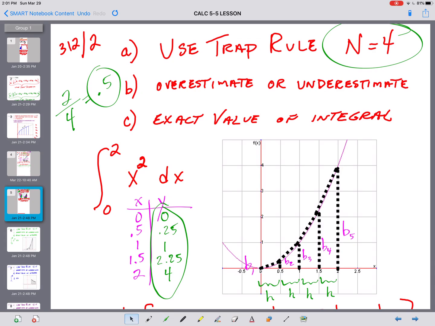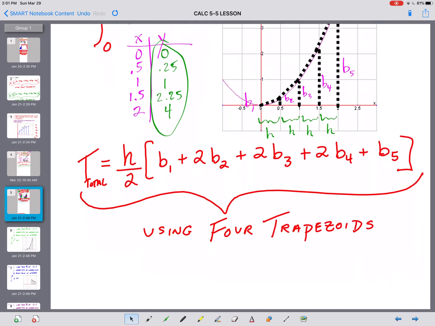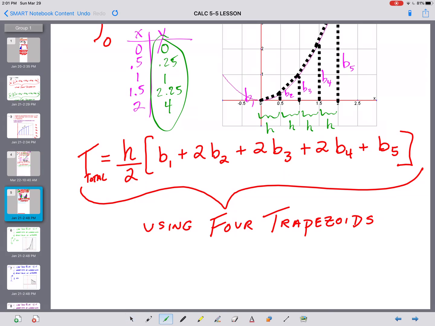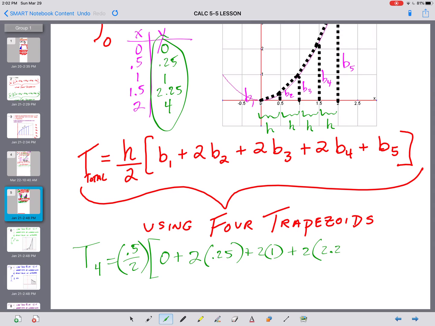Let's go up here, plug it in. There's my equation. I wanted 4 of them. So we've got the height. The height is 0.5 divided by 2. The first base plus 2 times the second base plus 2 times the third base plus 2 times the fourth base plus 1 times the fifth base.